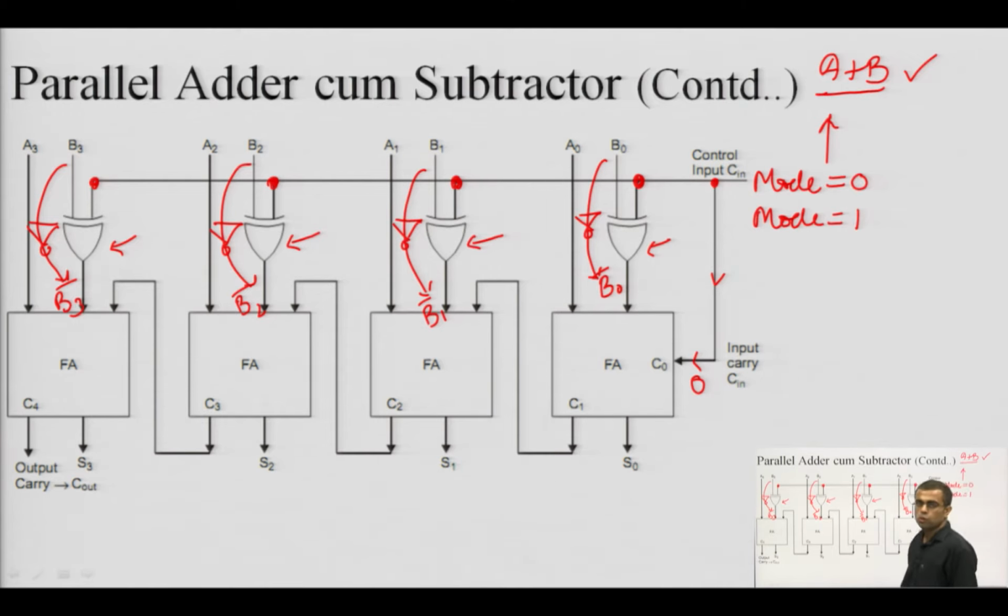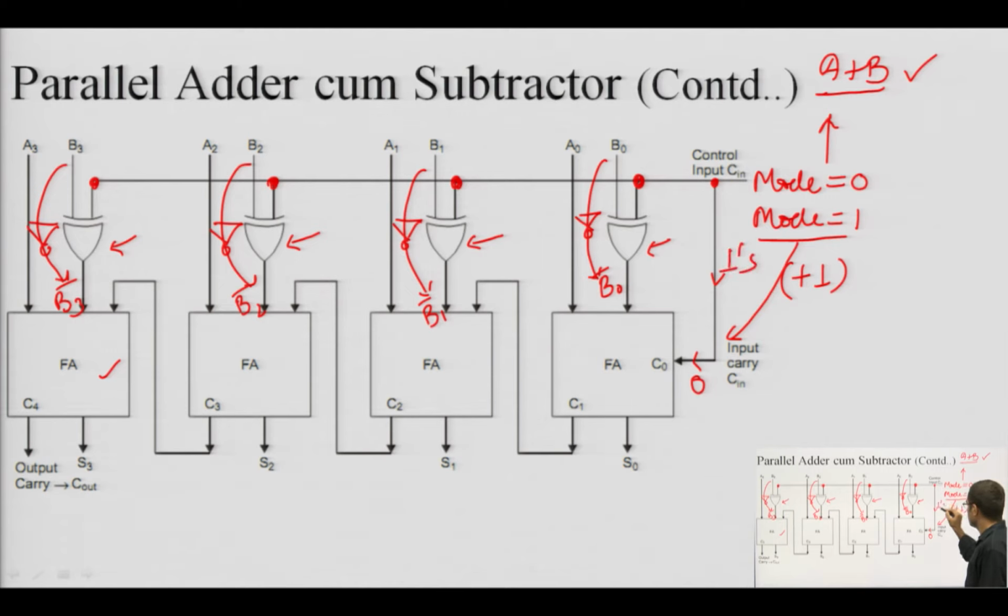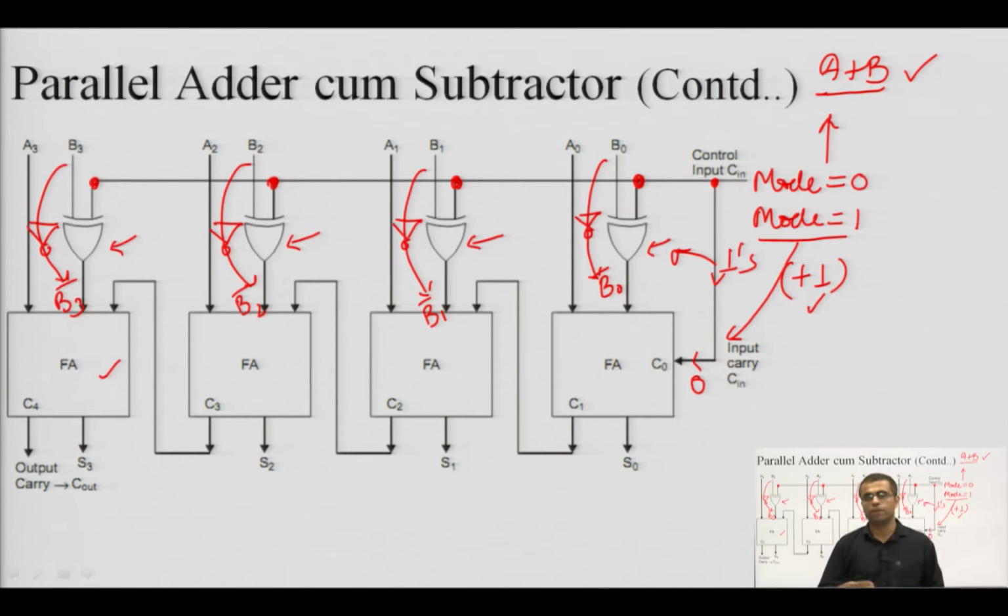So, B is getting complemented, and after getting complemented it is reaching the full adder. So, 1's complement is done, and this 1 is also reaching here as an extra 1, which is equivalent to plus 1. This performs 1's complement plus 1. That means, the 2's complement is ready, and it can now be used to find the subtraction A minus B.